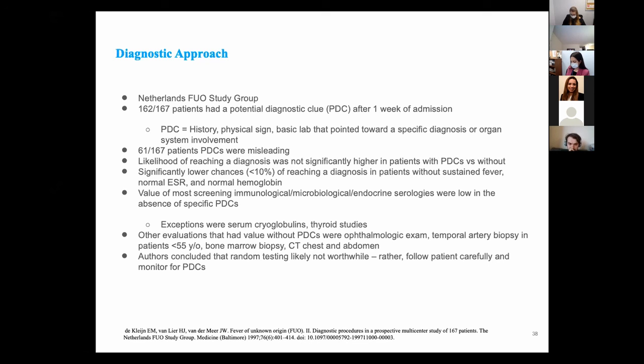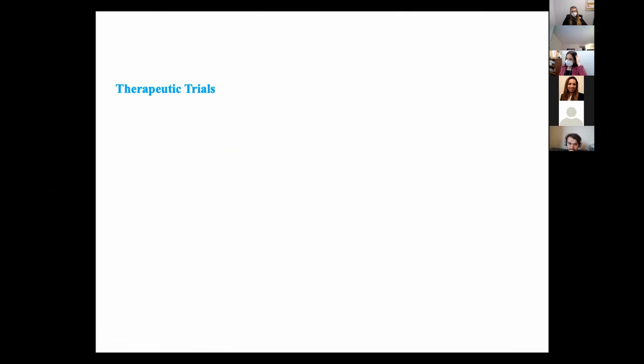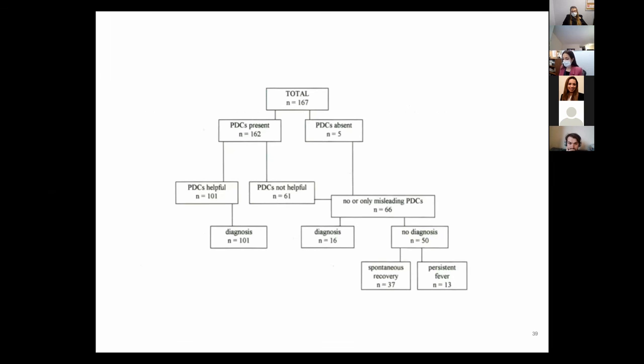So their conclusions were that random serologic testing was not really worthwhile, but rather following the patient carefully and monitoring for the development of diagnostic clues was of higher value. And reassuringly, all those people who didn't have a diagnosis, the majority recovered spontaneously, and there really was very low mortality overall, even in the absence of a diagnosis.